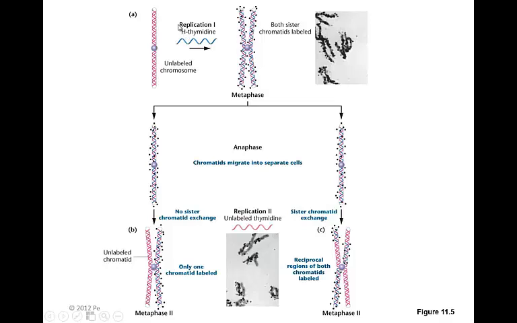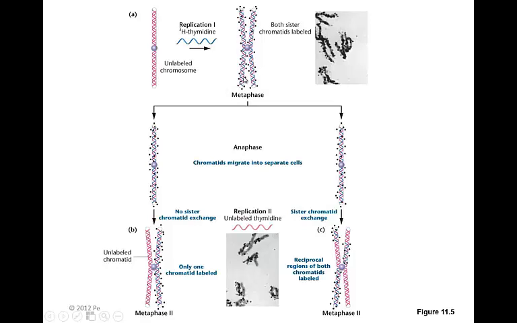So all of the hydrogens within thymidine would be labeled with this radioactive isotope. After this labeling, you would expect to see the two sister chromatids, both of which would be labeled. And you can see here a diagram of what they might have seen under the microscope.